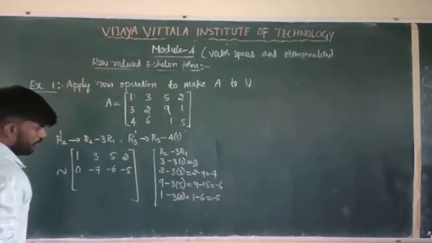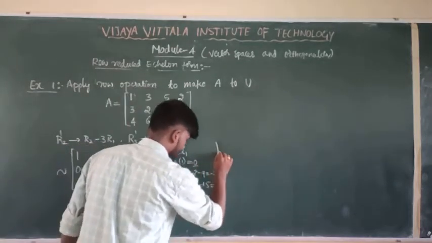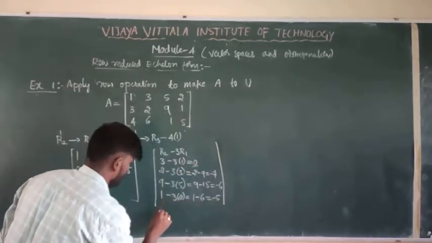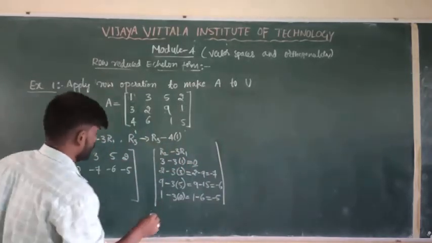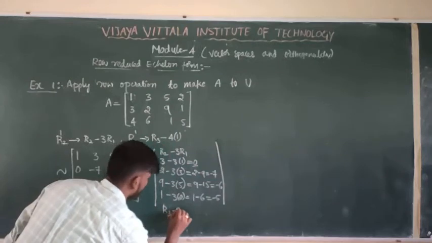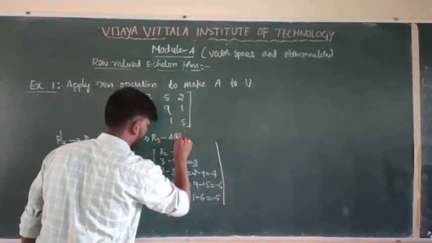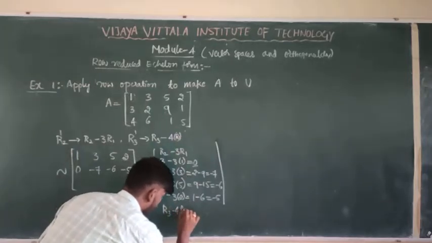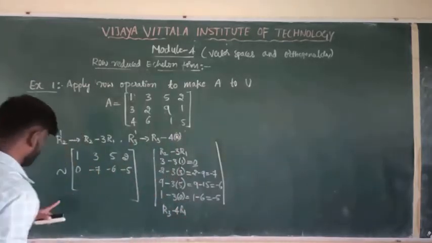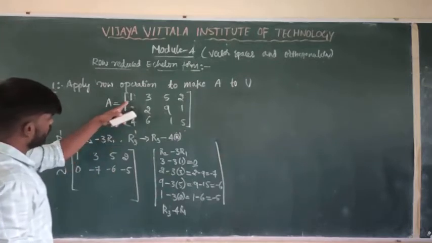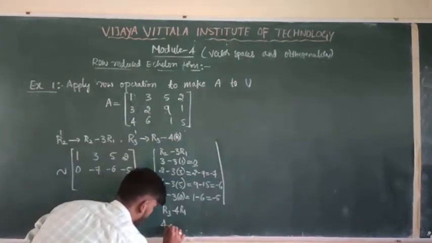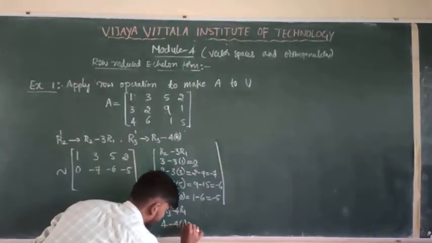In the third row, the operation is R3 minus 4 into R1. R3 is 4 minus 4 into 1, which becomes 0.